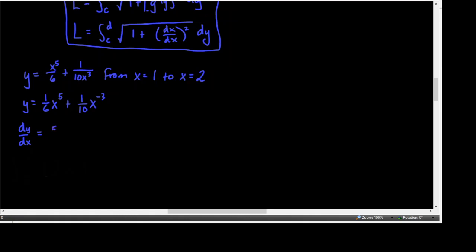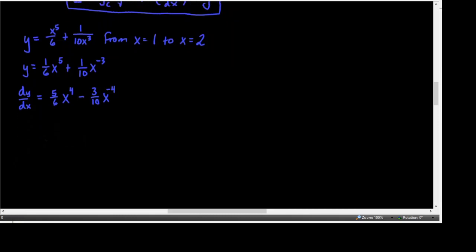dy dx will be 5/6 x to the 4th minus 3/10 x to the negative 4th. All right, so looks like we're ready to go into our formula.